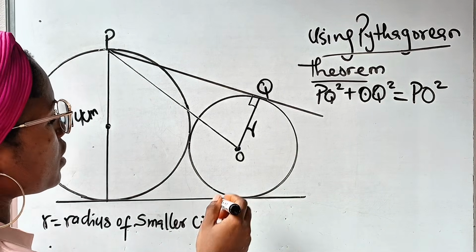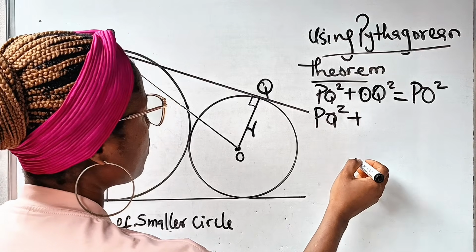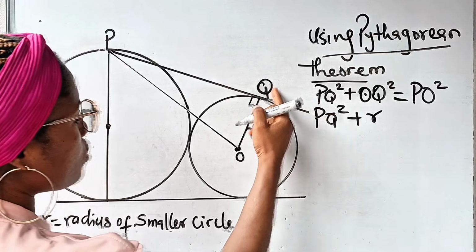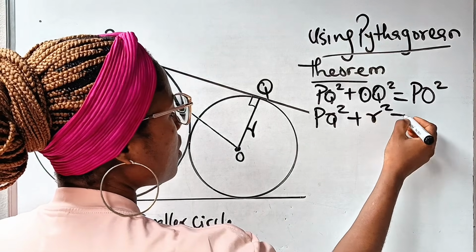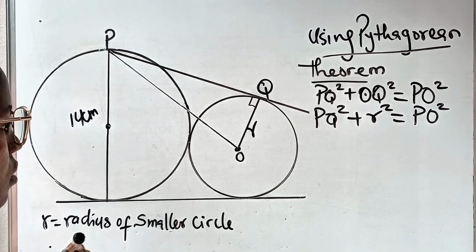So PQ squared plus R squared, because OQ is R, is equal to PO squared.